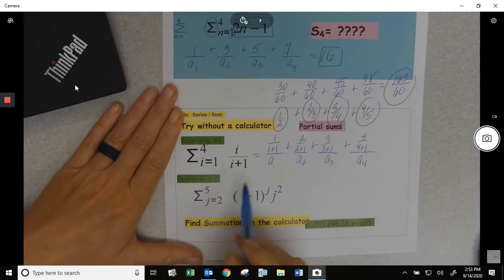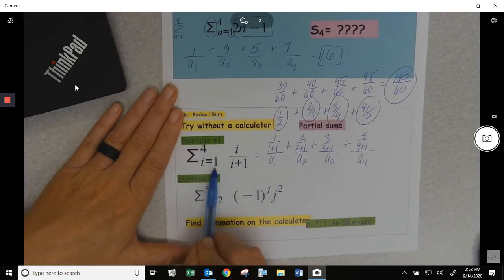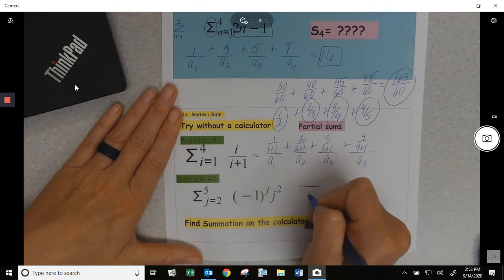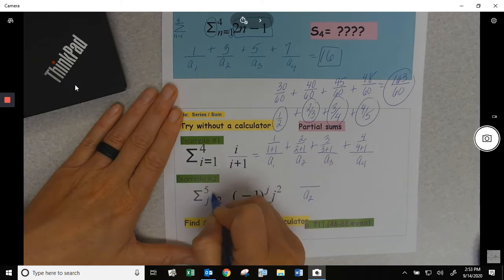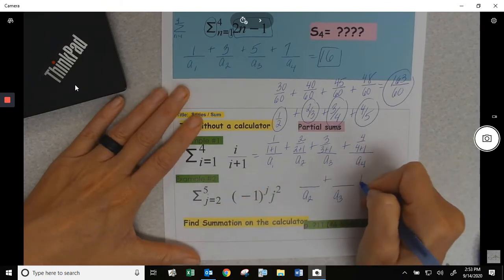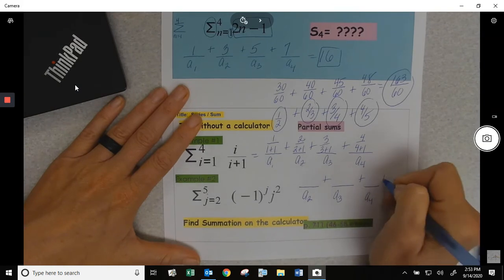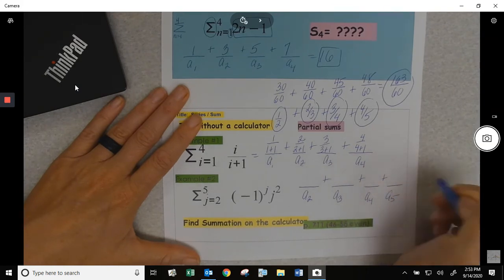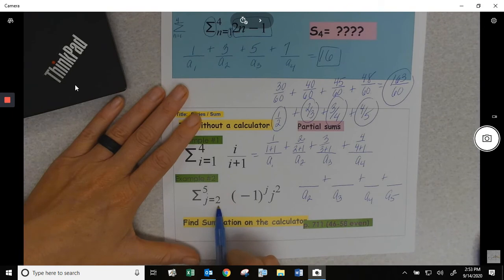Now this one, many times they start with needing to find term 1, but this time it says the first one I want to find is the second term, and I want to go all the way up through and including the fifth term. So I like to always lay it out. If I plug in a 2, negative 1 to the second power, that's negative 1 times negative 1 is positive 1.